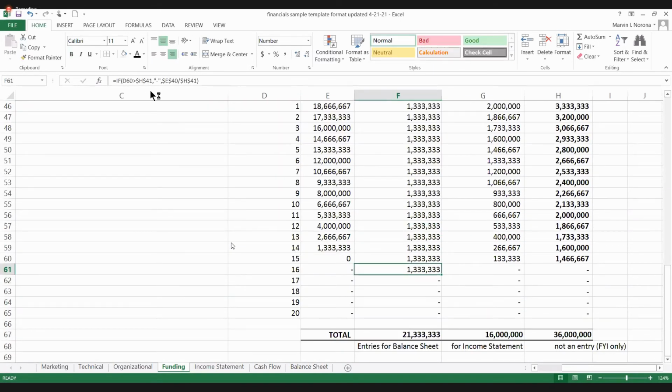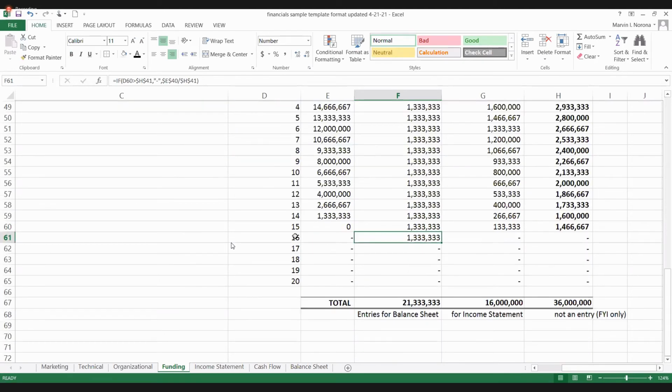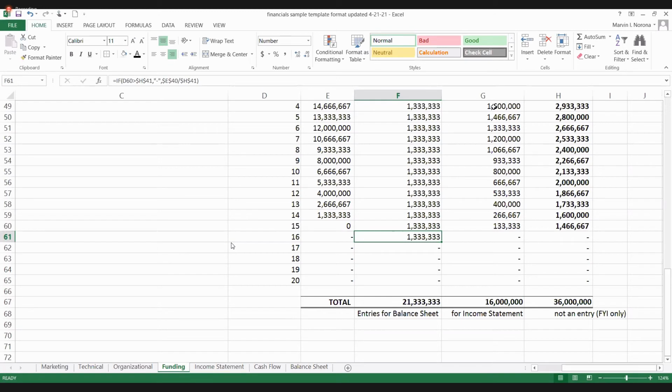D60, H40, H41 ba? H40. So 16 is greater than 15. Blank. Uy, bakit hindi sumunod?